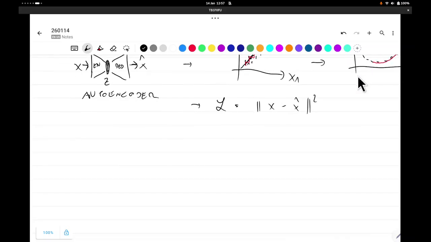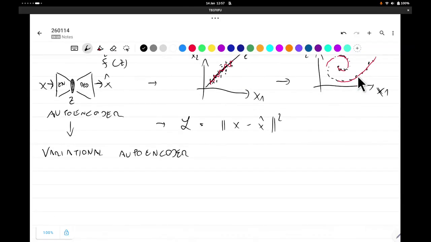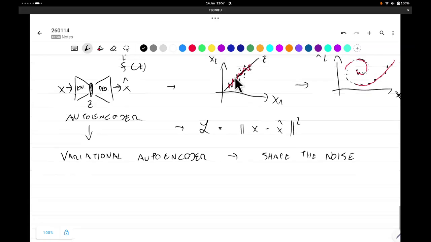So there is one extra requirement before we arrive at the so-called variational autoencoder. That is, let's say I shape the noise. I want to impose that, whatever the original distribution is, right? So I have my points.